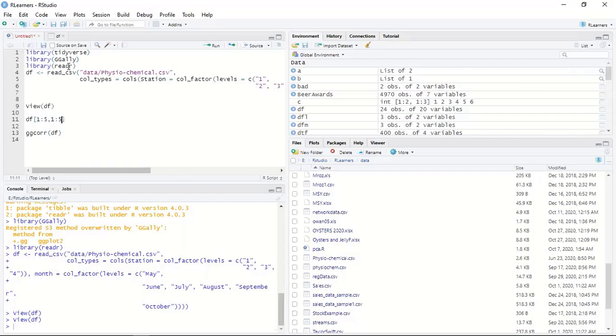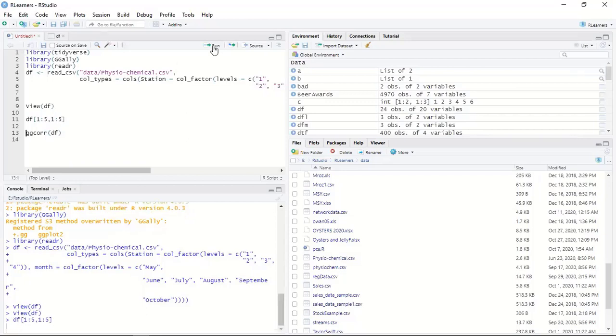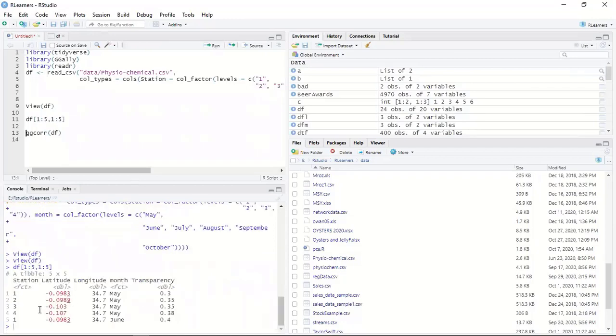To the fifth column. So this is what you call subsetting. The other part of using filter and select was subsetting, and this is also a way of subsetting. So we have taken a subset from the first row to the fifth row, and from the first column to the fifth column.